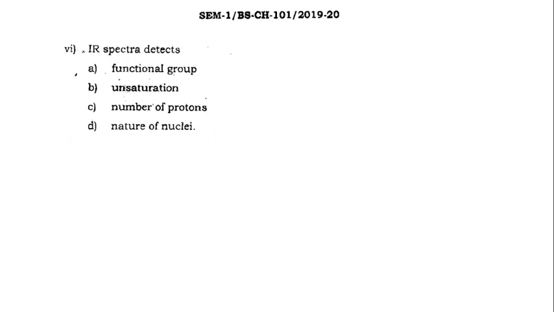Okay, now we move on to spectroscopy. This is a question from spectroscopy. IR spectra is always done for functional groups, right? This is a very good spectra for organic functional groups. You can easily identify them. Number of protons is done by NMR, nuclear magnetic resonance.